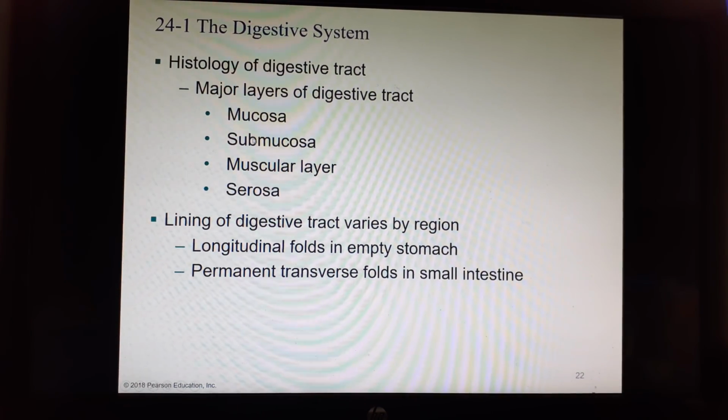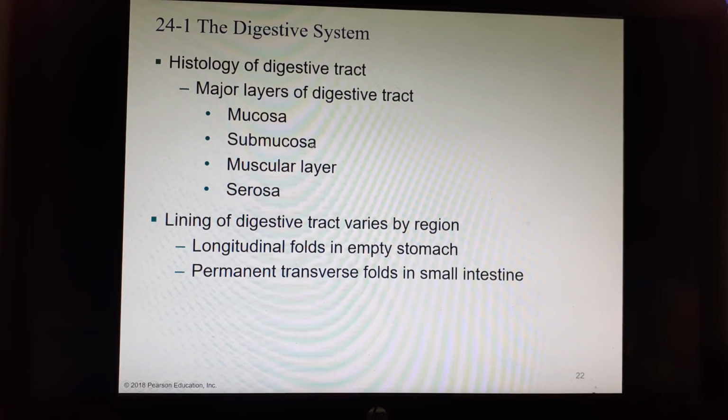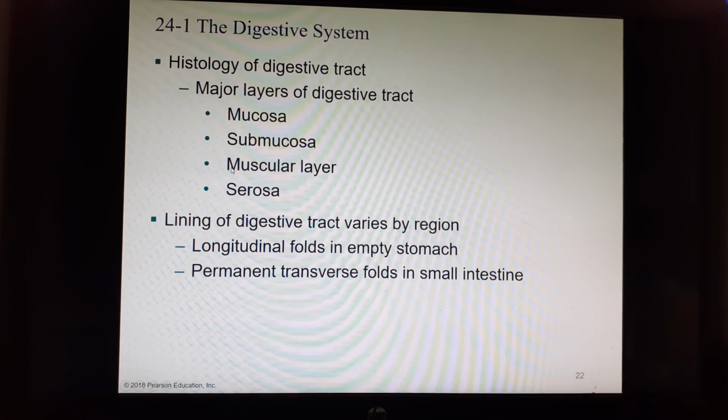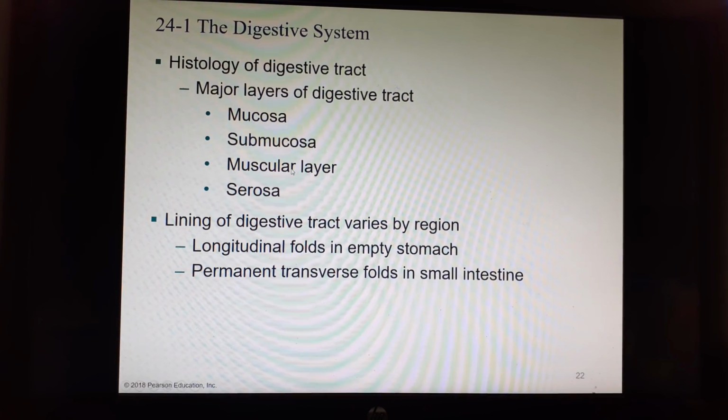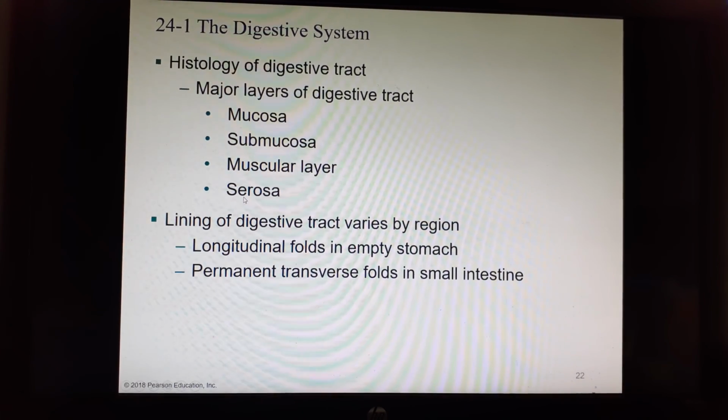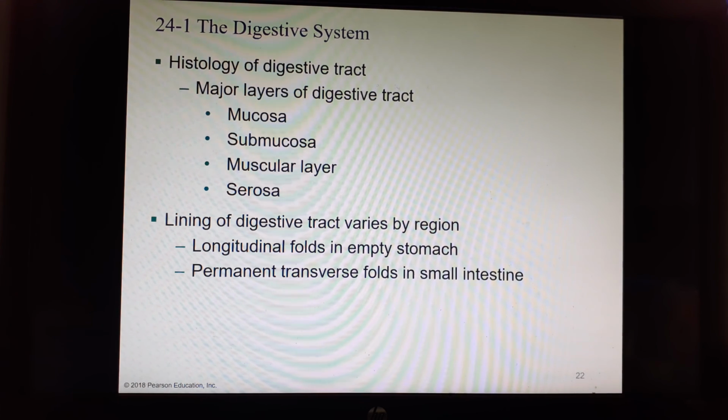And then right underneath that is a layer called the submucosa that's going to have a lot of connective tissue in there. Then you're going to have layers of smooth muscle cells, the muscular layer, maybe anywhere from 2 to 3 layers. And then the outer covering is going to be the serosa, which we've already told you is really the visceral peritoneum.